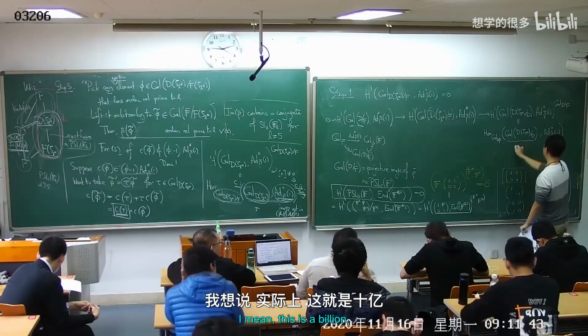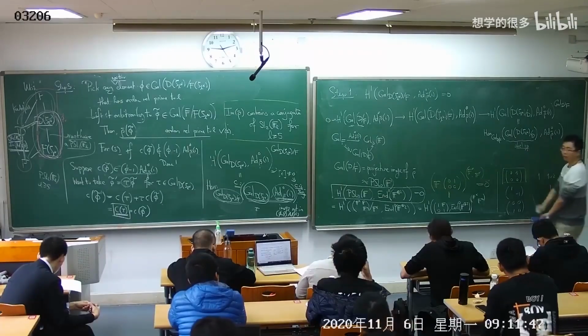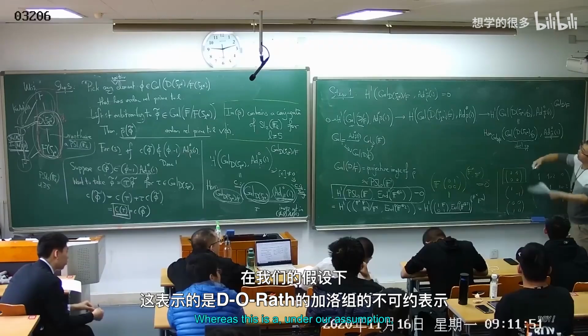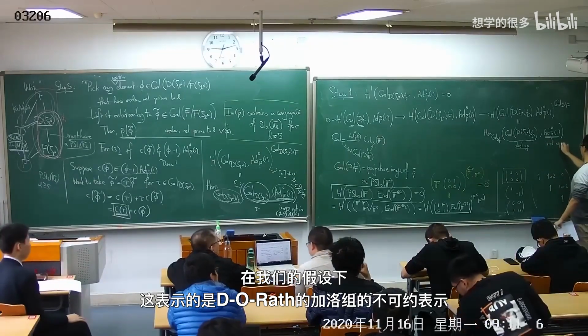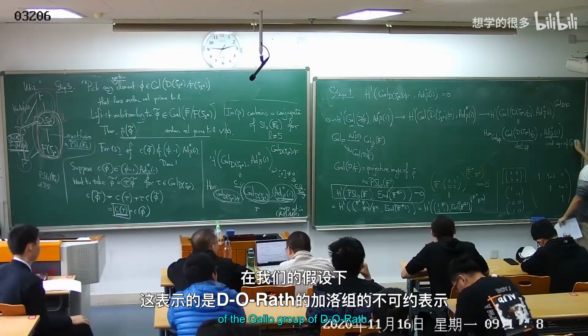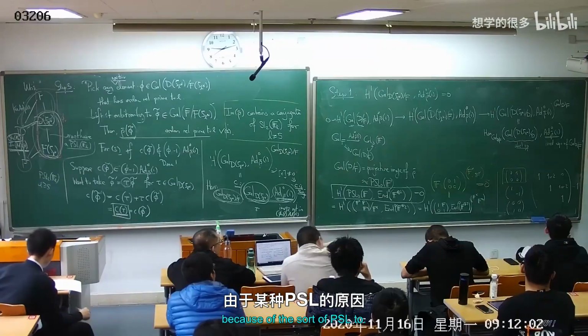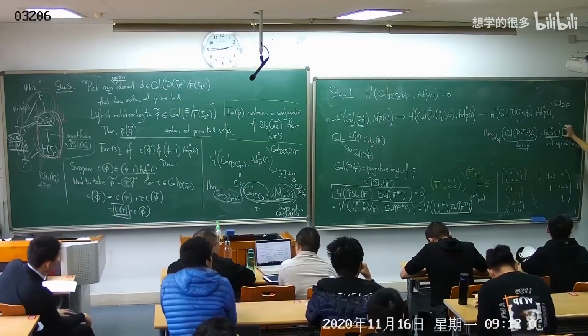Practically, this is an abelian group. Let's look at the abelian group. Under our assumption, this is an irreducible representation of the Galois group of D over F, because of the PSL2F thing. Even the adjoint representation, I think, is irreducible.